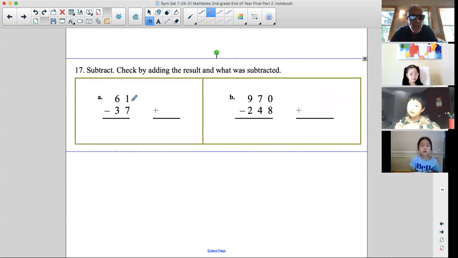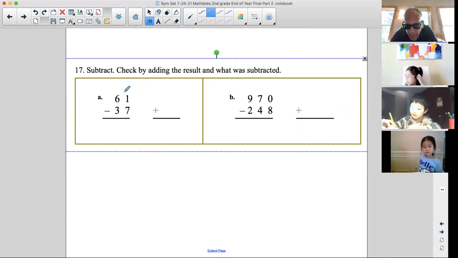Now, the next one is going to be hard. We're going to have to think of 61 take away 37. What we have to do here is make the 1 an 11, because 1 is too small for 7.